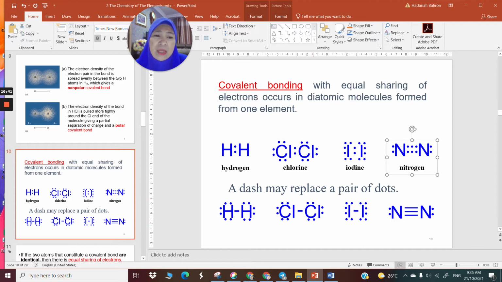A dash may replace a pair of dots. So in here you have three pairs of electrons being shared between nitrogen. So you have three bonds between the two nitrogen atoms. This is when you have a non-polar covalent bond, where the bonding electrons are shared equally between the two same type atoms.